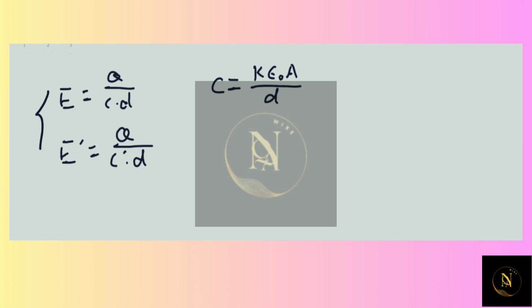So by using these two relations, we obtain that E over E prime equals C prime over C, right? Because C prime and C are in the denominators. And C is proportional to kappa, so this simply equals kappa, okay? So you see that this equals 1.28.